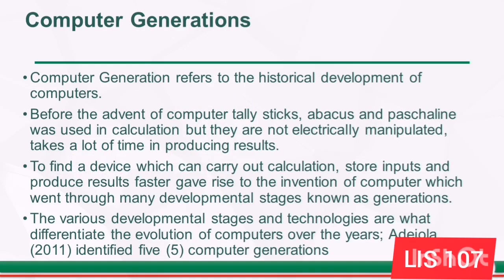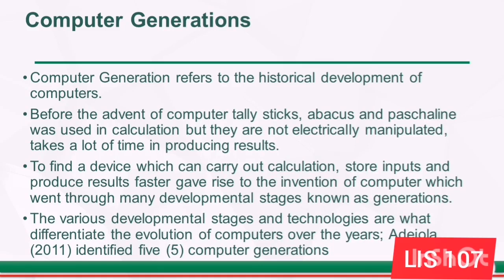Now, let's look at computer generations. Remember that this topic is talking about the evolution of computers. Now, computer generations refers to how computers have developed from time past. Before the advent of computer, we used to make use of tally sticks, abacus, and pascaline to calculate.